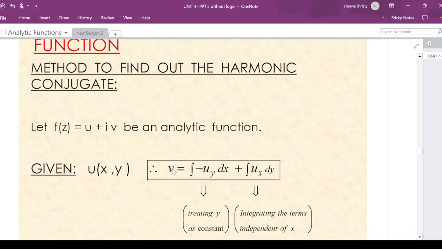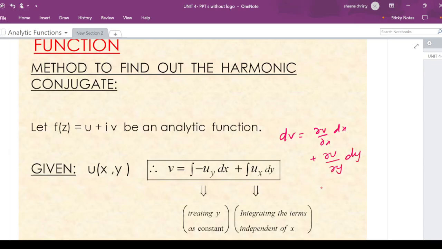So here, by making use of a harmonic function, you can construct an analytic function. So how to find it? If the real part u of x comma y is given, we have to know what v is. To find v, we know dv is equal to dou v by dou x into dx plus dou v by dou y into dy.